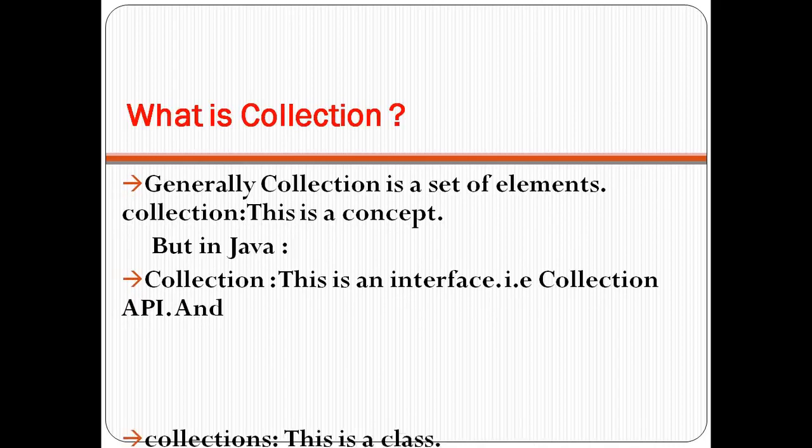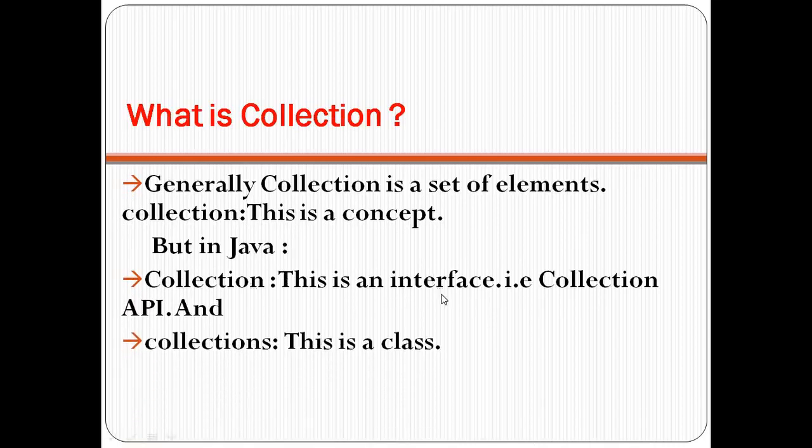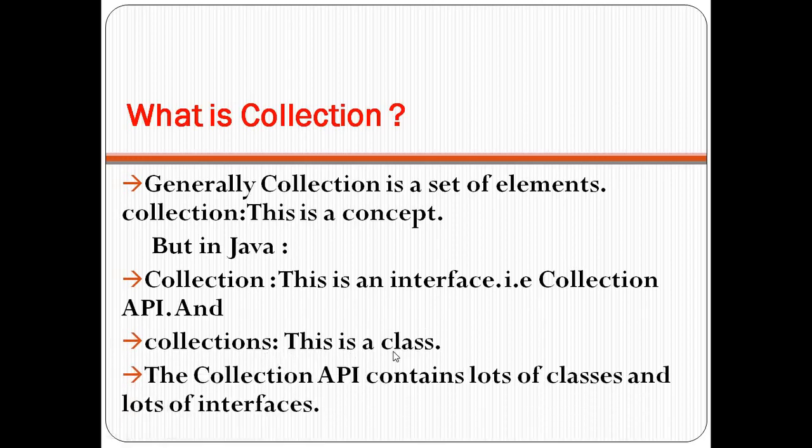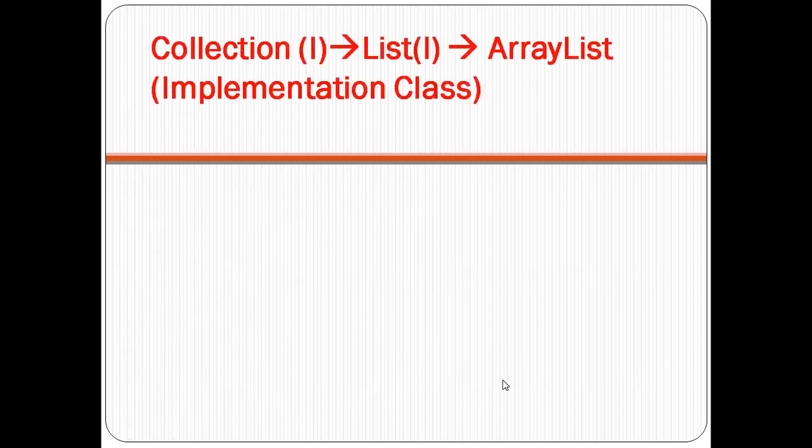But in Java, Collection, this is an interface, that is the collection API, and Collections, this is a class. The capital COLLECTION is the interface, and the small COLLECTION is the class. So the collection API contains lots of classes and lots of interfaces.